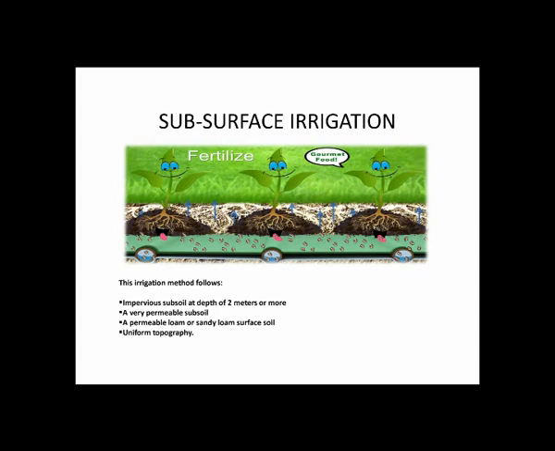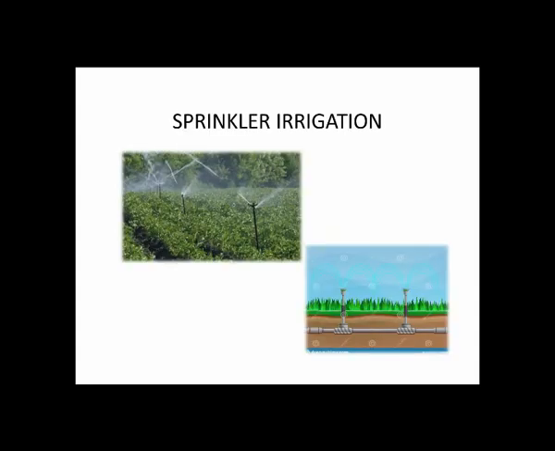And 4. Uniform topography. Another method of irrigation is sprinkler irrigation. Sprinkler irrigation is the method of applying water to the soil surface in the form of a spray which is somewhat similar to rain. Sprinklers have been used on all types of soils, on lands of different topography and slopes, and for a variety of crops.